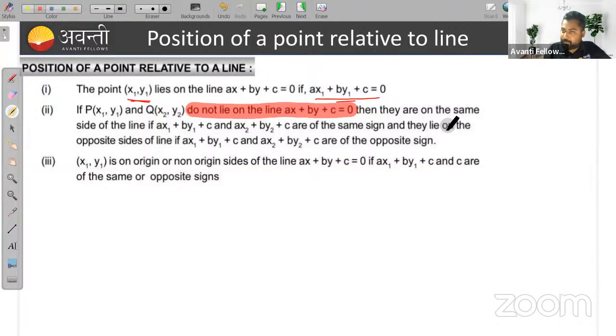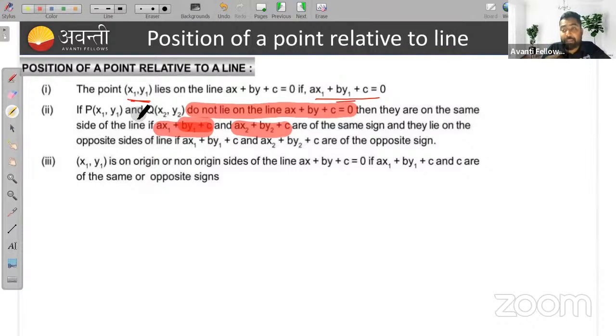After putting both the points in the left hand side of the equation, if they give you the same sign, either both positive or both negative, then those points are lying on the same side of the line.